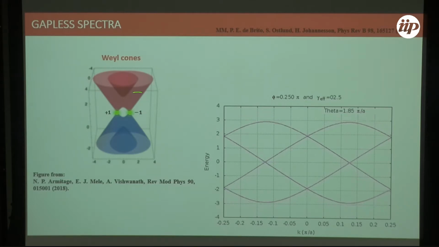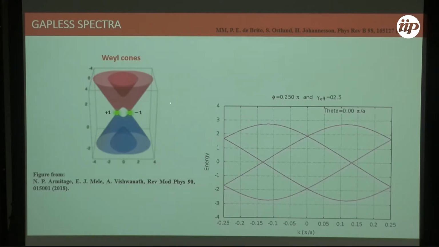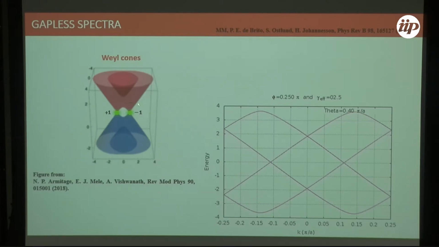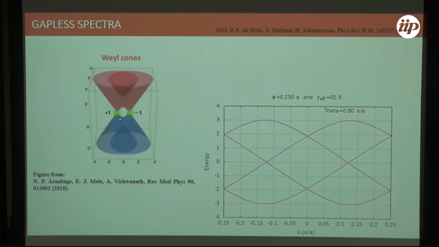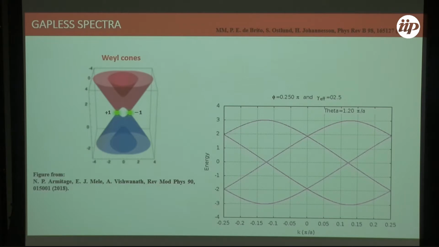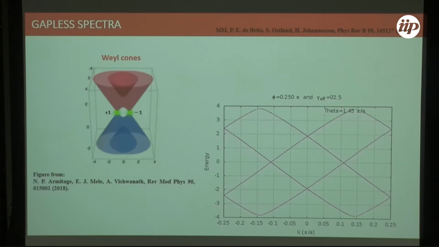So this is very interesting because Weyl cones are topologically protected, but only locally, because by varying a parameter in the Hamiltonian of a Weyl semimetal, you can make these topological charges come on top of each other and annihilate each other, and the gap opens.